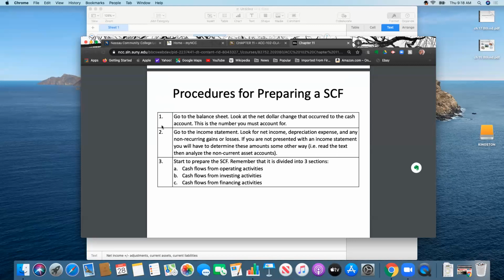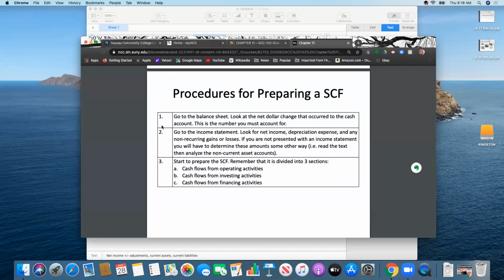So if cash increased $2,000, by the time you're done, when you add together operating, investing, financing, it has to come out to $2,000. Now, one could be 100,000 up, one could be 97 down, another could be 1,000 down, right? And that's how you wind up with the $2,000.